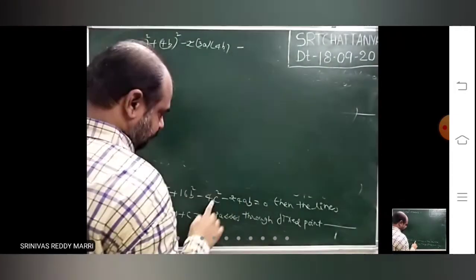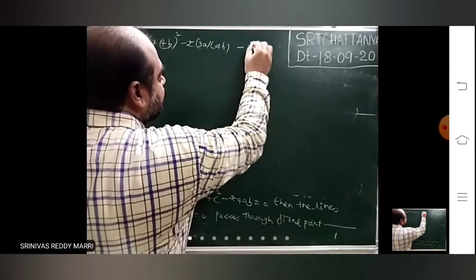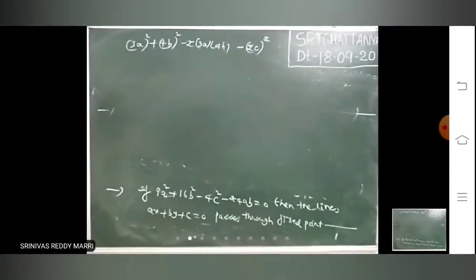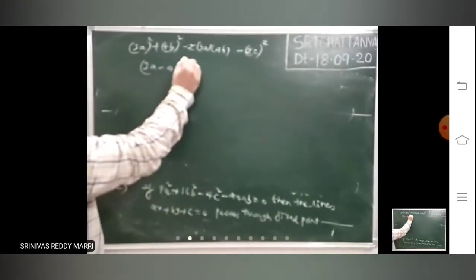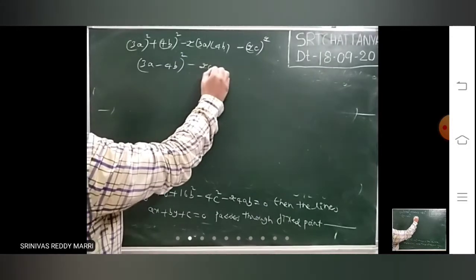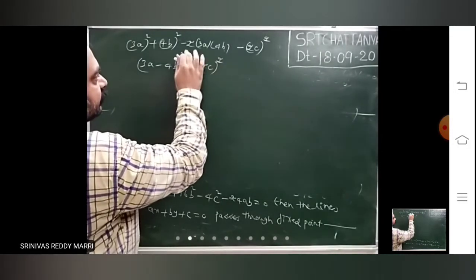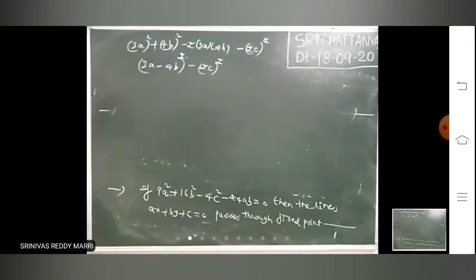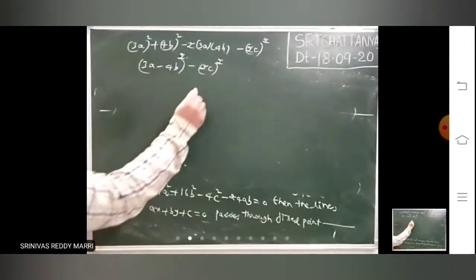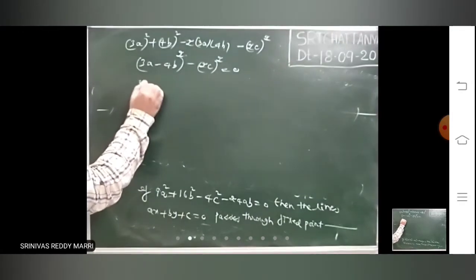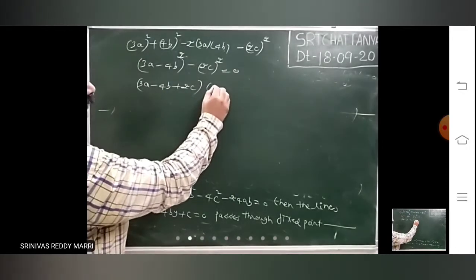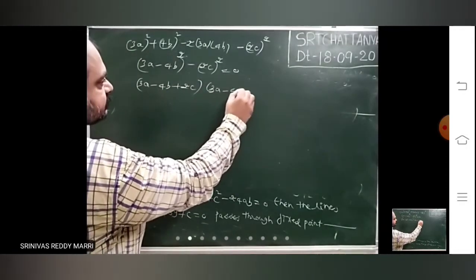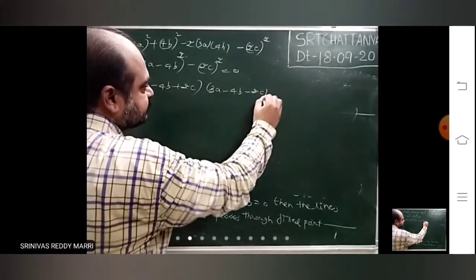And minus 4c square I write as minus 2c whole square. So this is 3a minus 4b whole square minus 2c whole square equal to 0, which is a square minus b square, split into two factors. So the given condition is this.